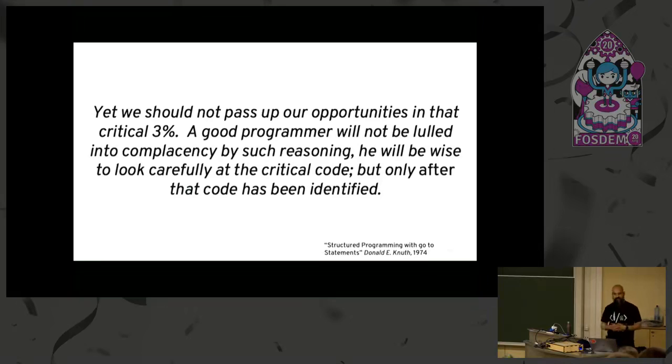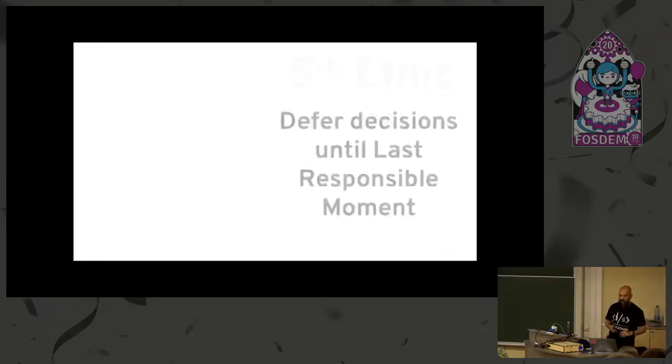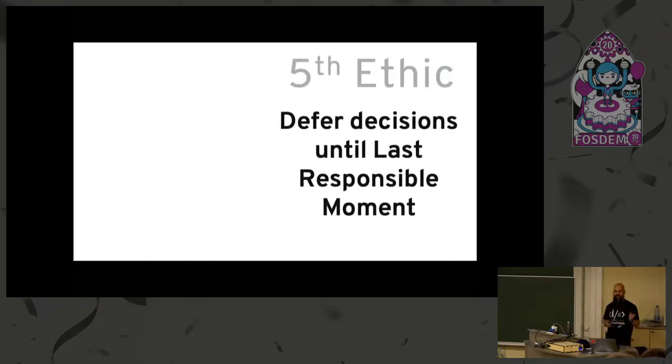He will be wise to look carefully at the critical code, but only after that code has been identified. So 97% of the time it may not matter, but that 3% is very critical. And that brings me to the next ethic. You want to defer decisions until the last responsible moment, but you want to know when that is.